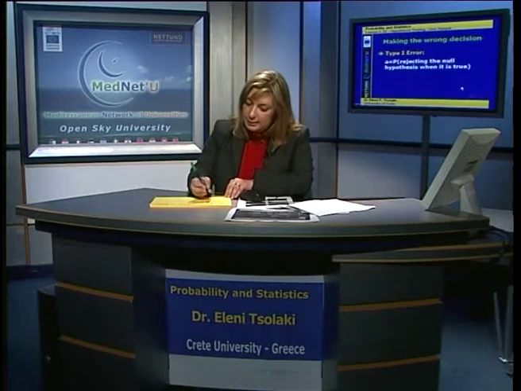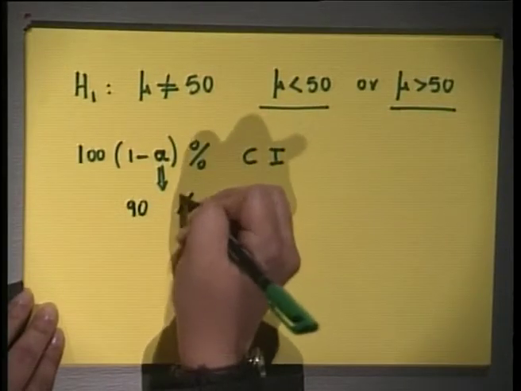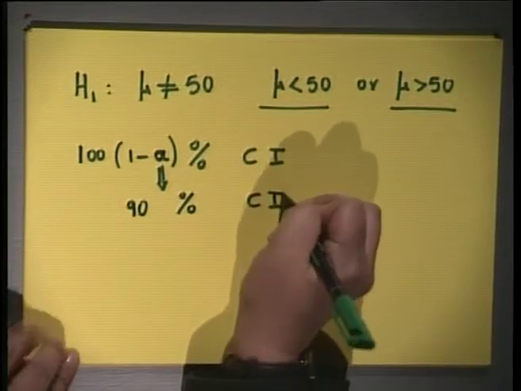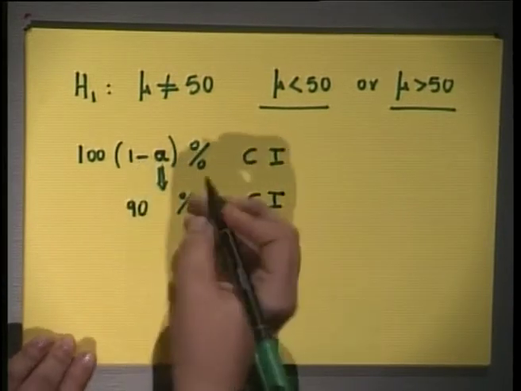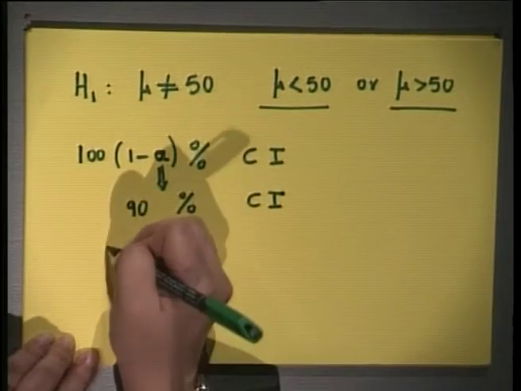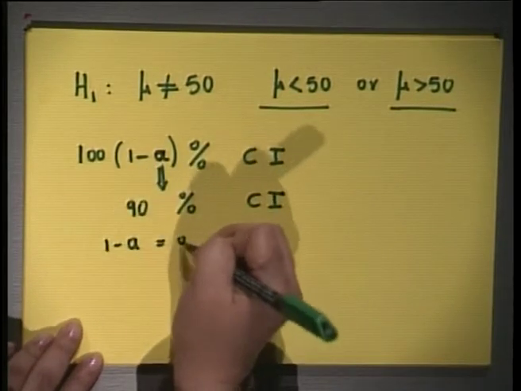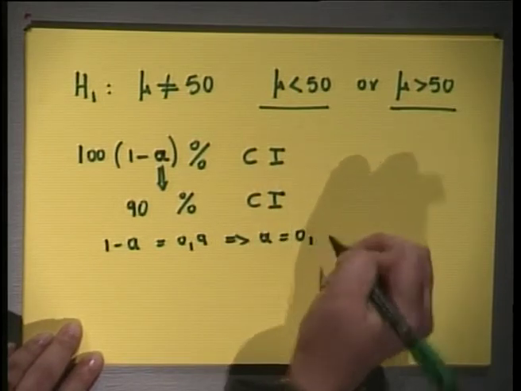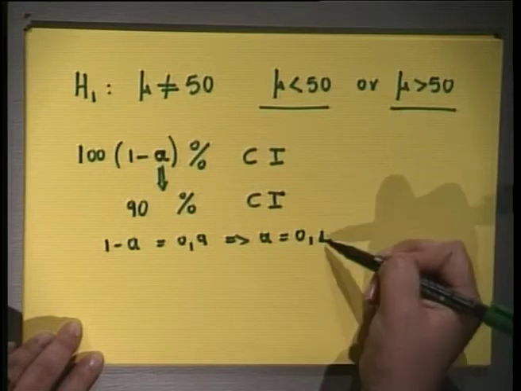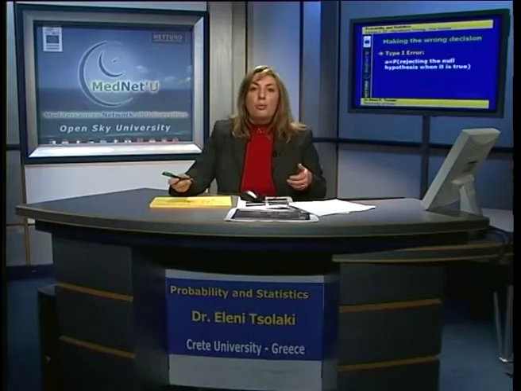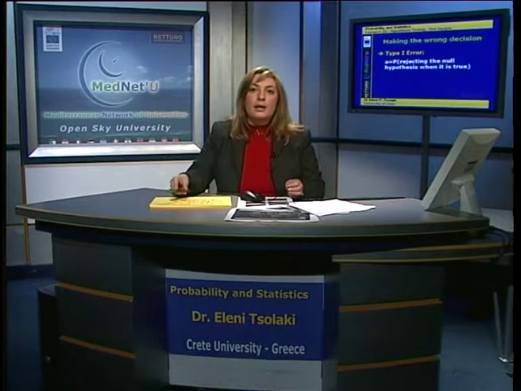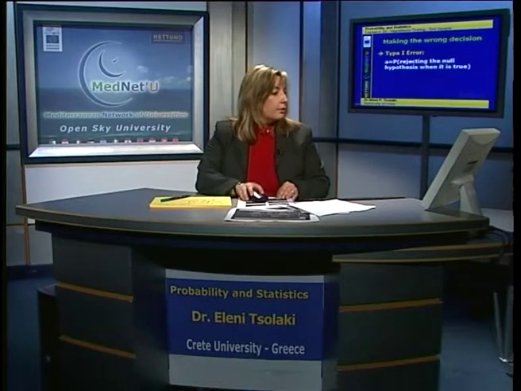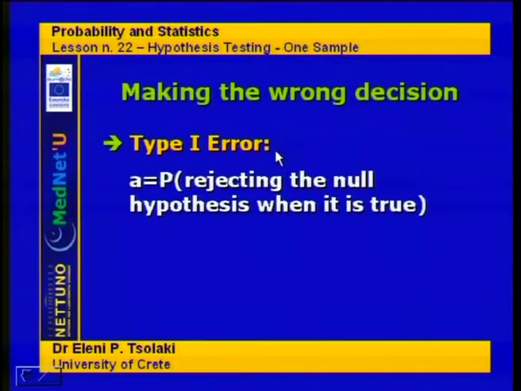If we had a 90% confidence interval, our a would be 0.1. So we have 0.1 probability of a type 1 error, of rejecting the null hypothesis when it is true.